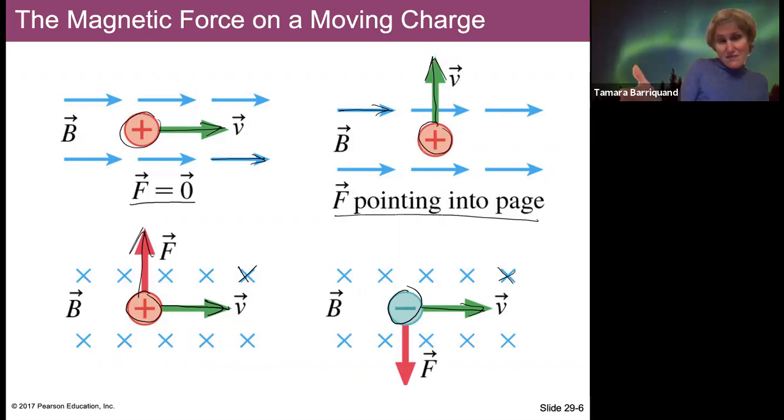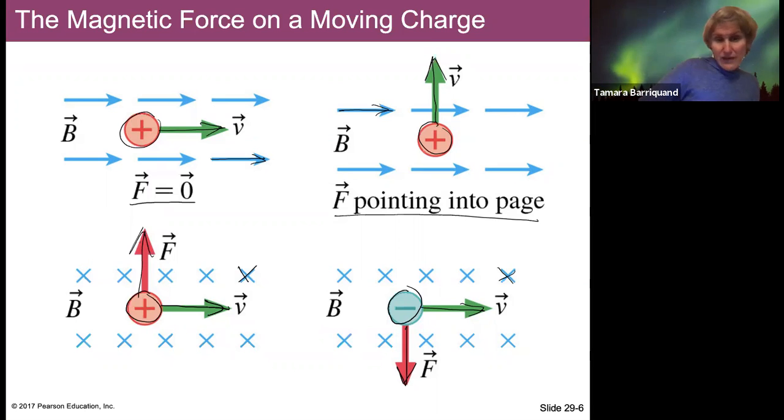The cross product of V cross B is up. However, Q is negative, so it'll be the negative of that, which is down. So in this case, the force will be down. So if we have a negative charged particle, we do V cross B and then take the negative of that to give us the direction of the force.